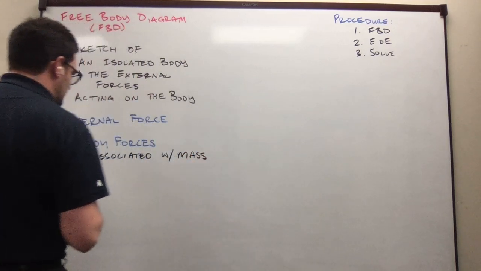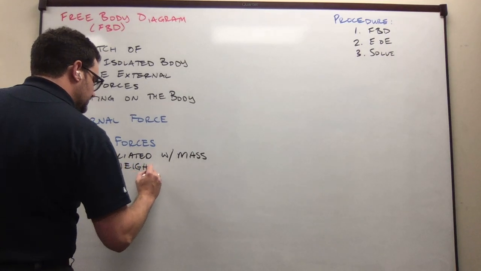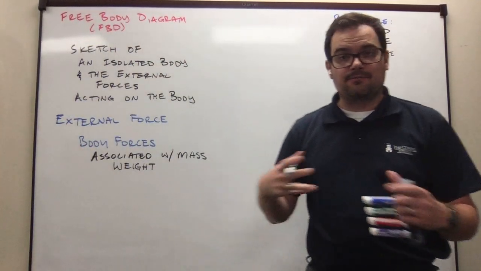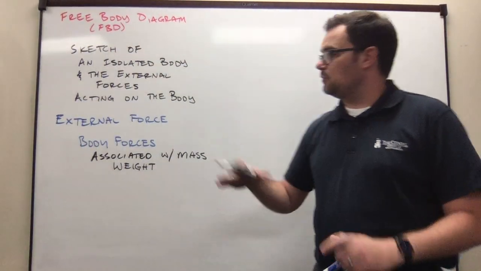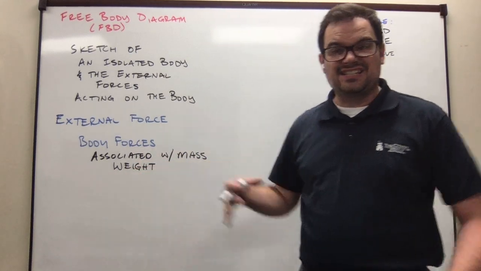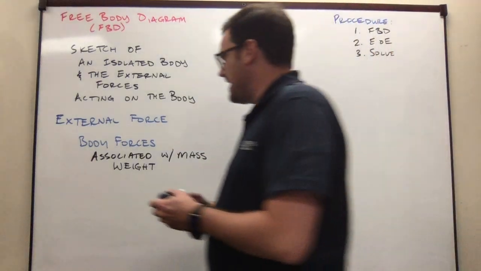So it's associated with the mass. In this case, we're typically talking about weight as civil engineers. Our electrical engineers might be thinking about electromagnetic forces between different bodies. Totally cool. That'd be a body force. We're not going to do that in this class. So we're just talking about weight. That's its own special class, body forces. Forces associated with the mass.